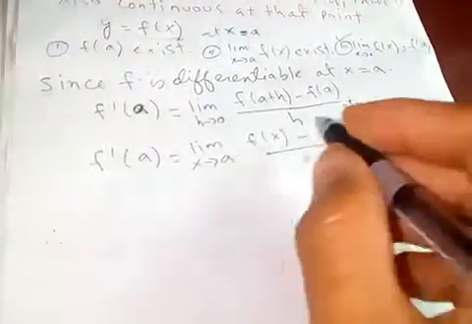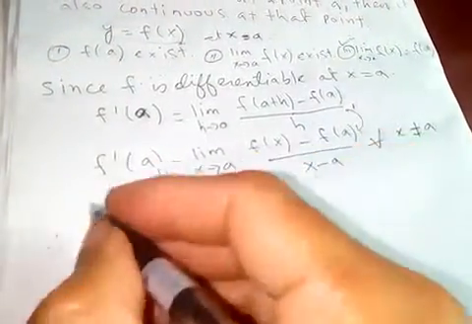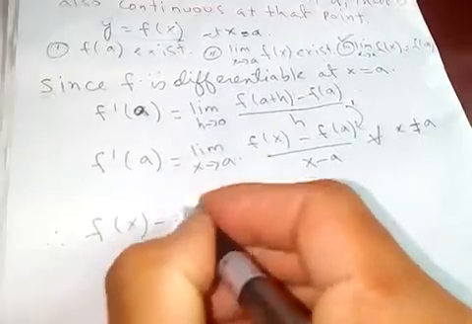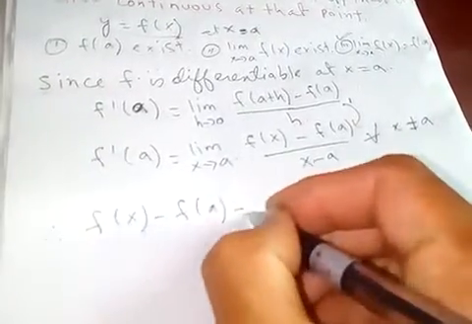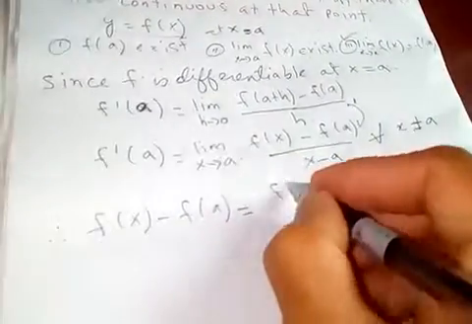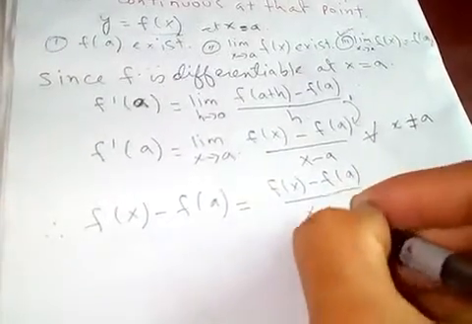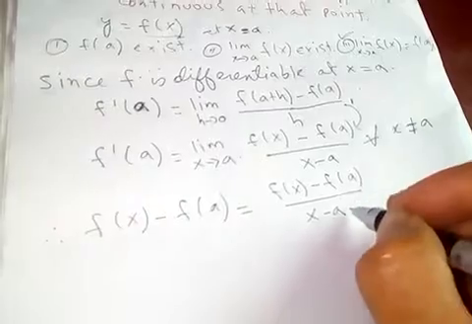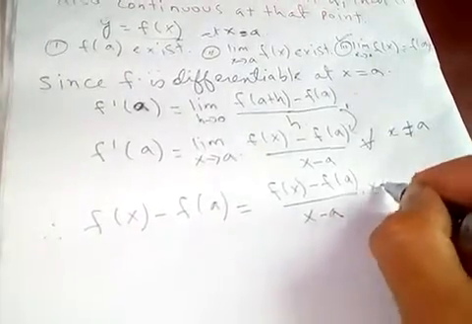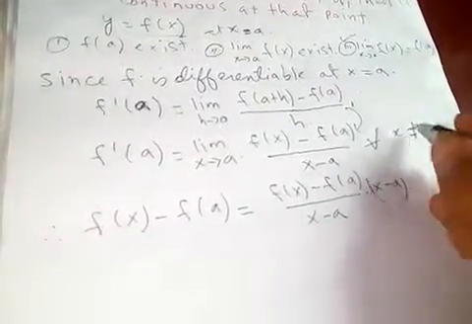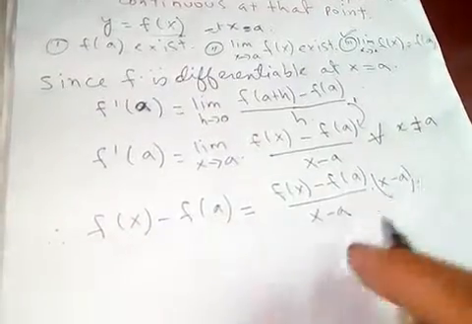Now since we are going to find f of x minus f of a, let's take f of x minus f of a, which is equal to f of x minus f of a over x minus a, multiplied by x minus a, since I divide here, so I multiply here again, such that x is not equal to a. This condition should be satisfied.